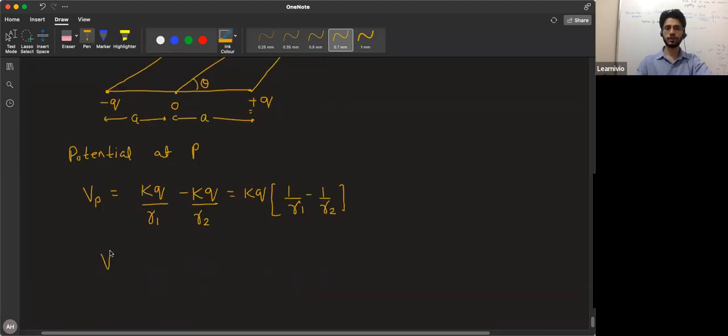So potential at P is KQ times 1 by R1 minus 1 by R2.